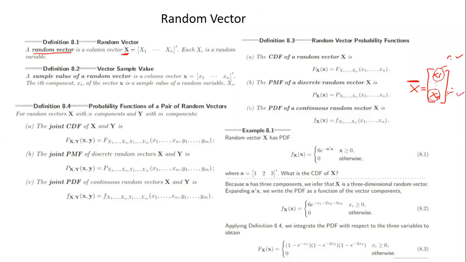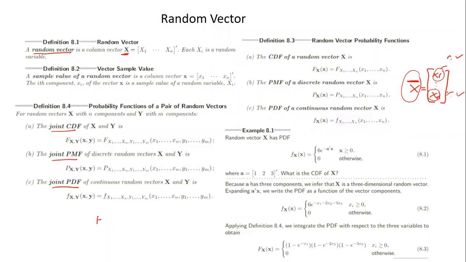When we put them all together in a vector, X becomes a random vector. And as in a multivariate probability model, we can define joint CDF, joint PMF, and joint PDF for random vectors. We use symbols as you see here.